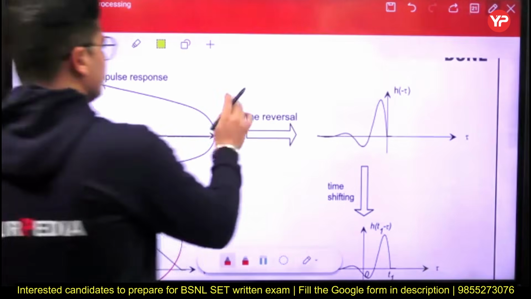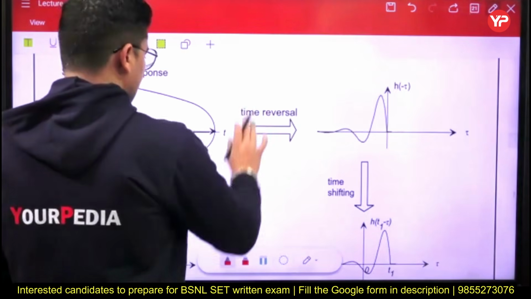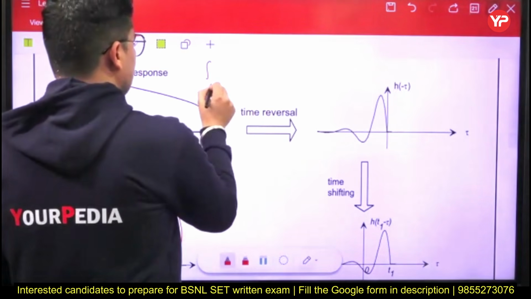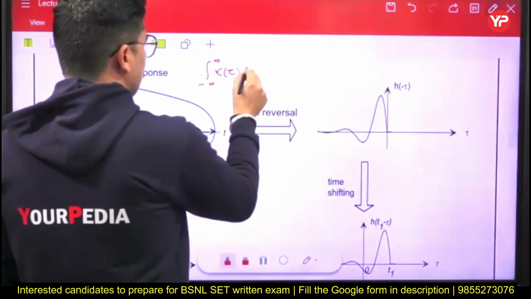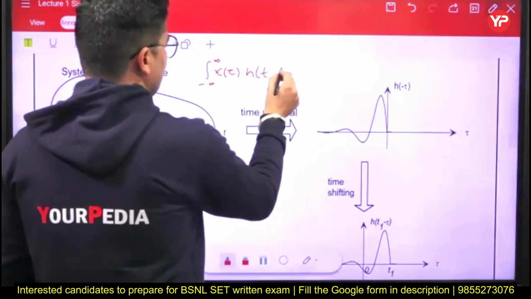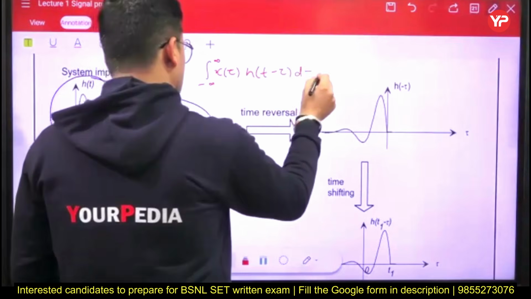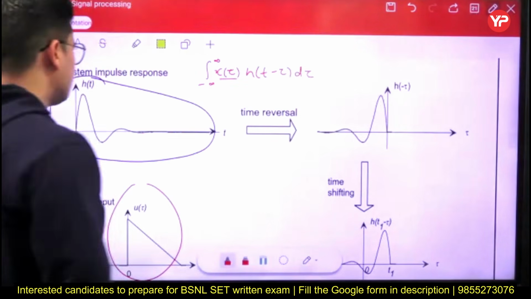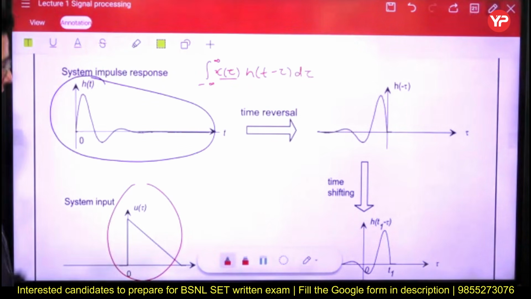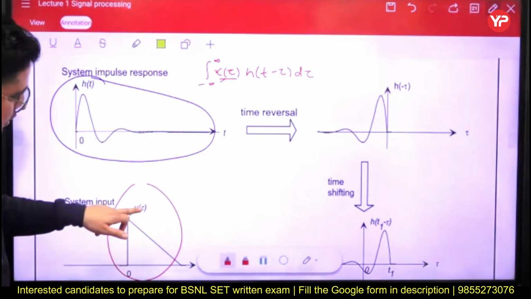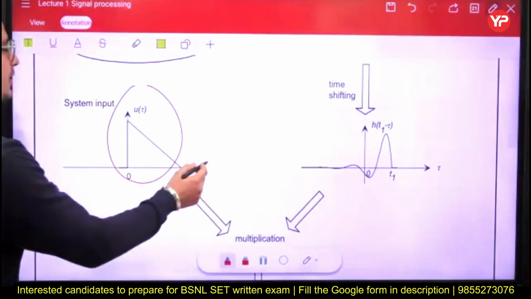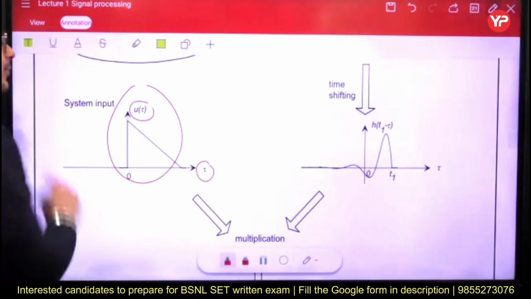So if I go for the formula, that will be the integration from minus infinity to infinity of x of tau h of t minus tau d tau. Now, for this x of tau, because the input is u of t, in place of t I just replace it with tau.